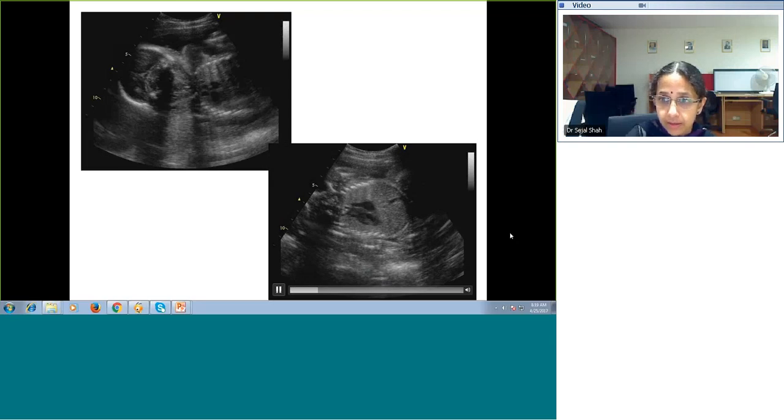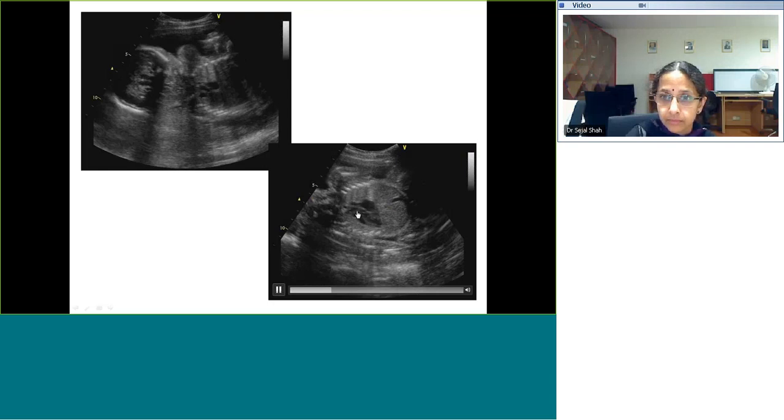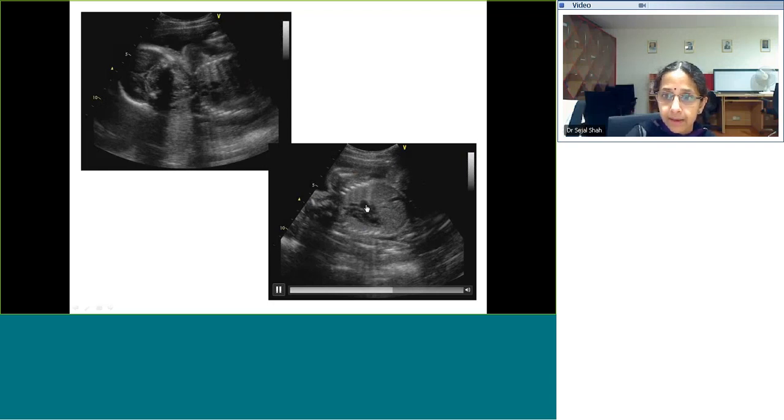Now here, this is the LA, LV and aorta. So you get the mitral valve and the aortic valve together, and you put a Doppler close to the inflow-outflow, and you will get a Doppler tracing of mitral and aortic together.